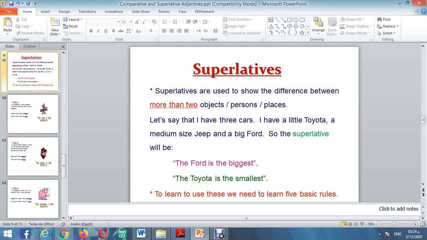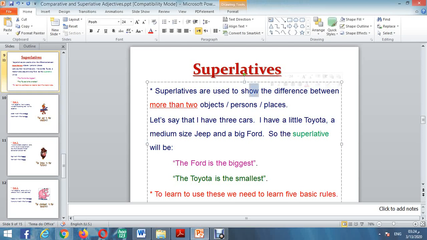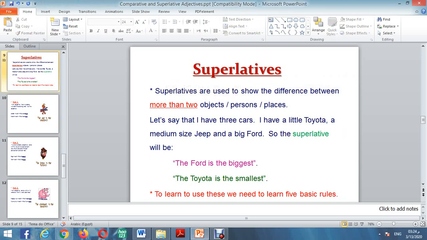Superlatives are used to show the differences between more than two objects, or persons, or places, or animals and so on. Let's say that I have 3 cars, for example.